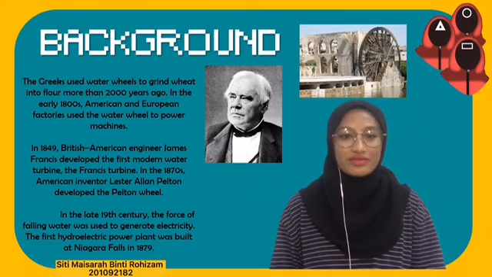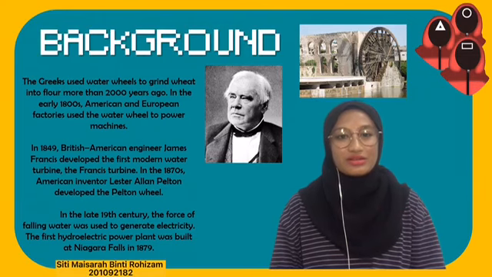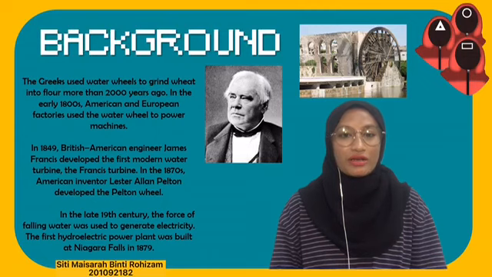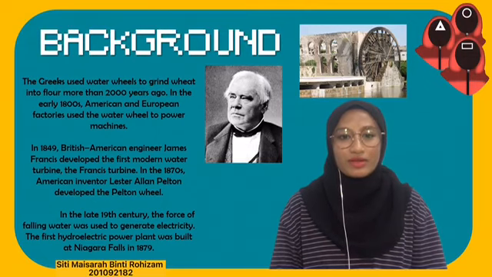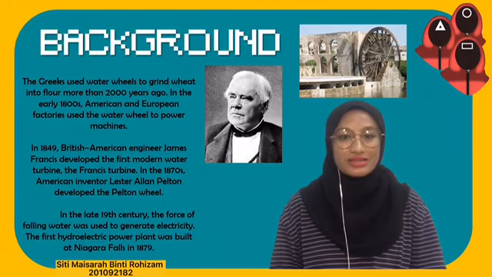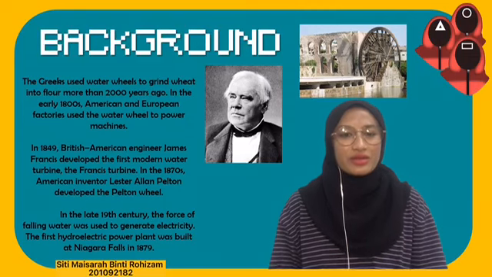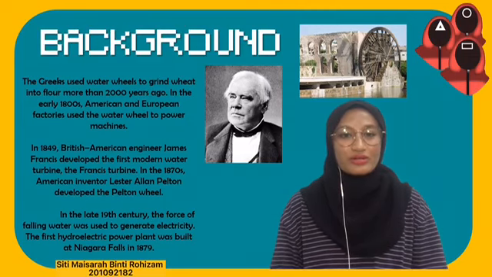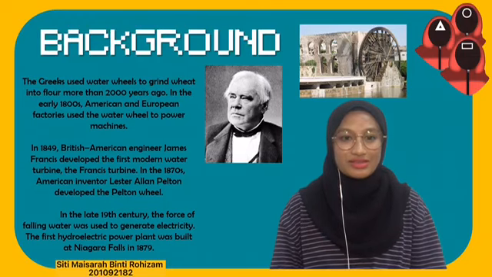In the 1870s, American inventor Lester Allan Pelton developed the Pelton wheel, an impulse water turbine, which he patented in 1880. In the late 19th century, the force of falling water was used to generate electricity.